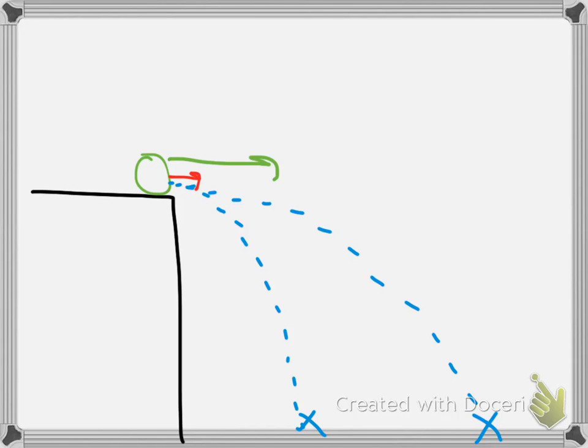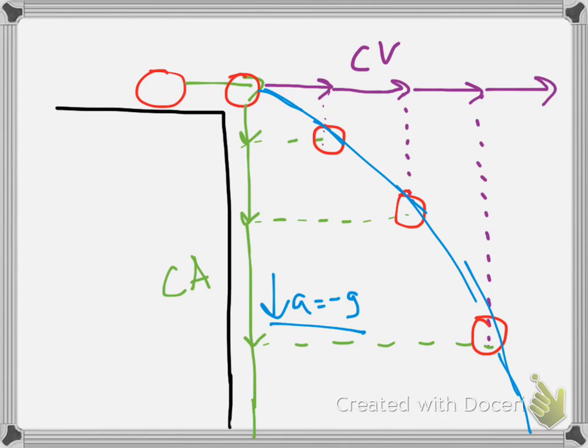But the thing about it is that both of them, because they're coming off the table horizontally, both of them start off with the exact same initial velocity in the vertical direction, or in the y direction, of 0. And since they are still subject to that same acceleration of negative g, and this distance doesn't change, the time that it takes to fall here is going to be the exact same time it takes to fall here, and really it's the exact same time it took to fall for just the one that was coming straight down.